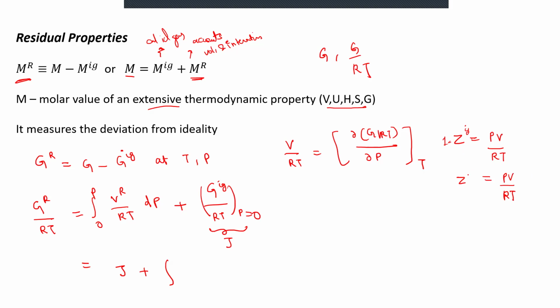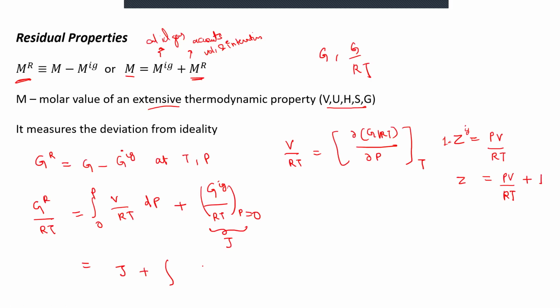So we have G^R by RT equals J plus the integral from 0 to P of (Z minus 1) dP by P. This is defined at constant temperature because we are taking this equation.